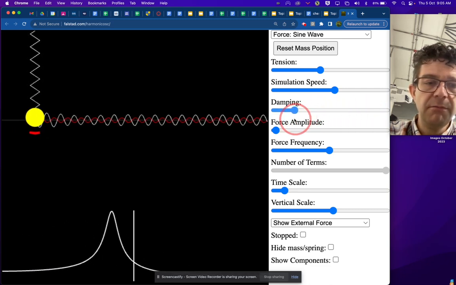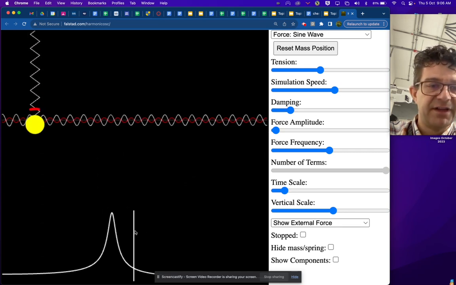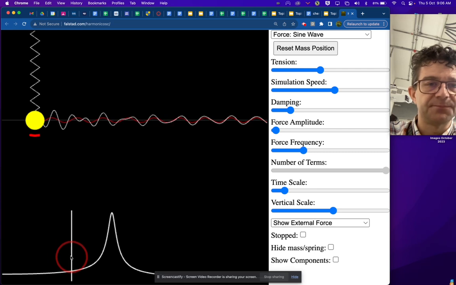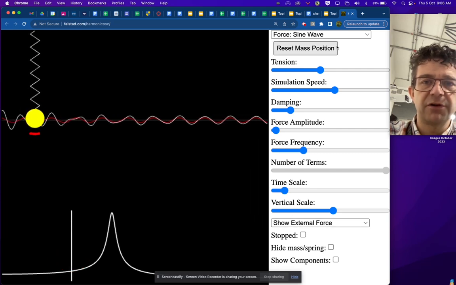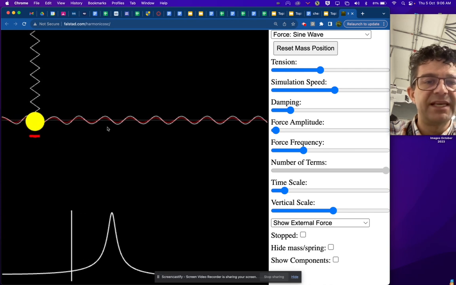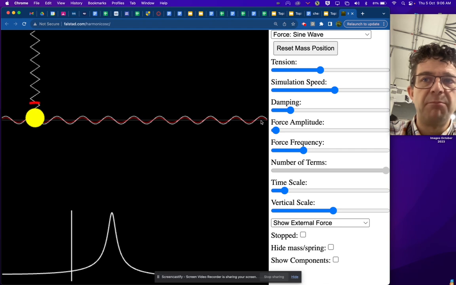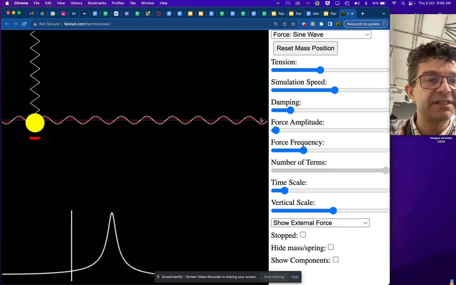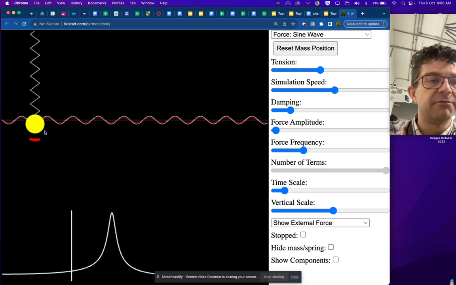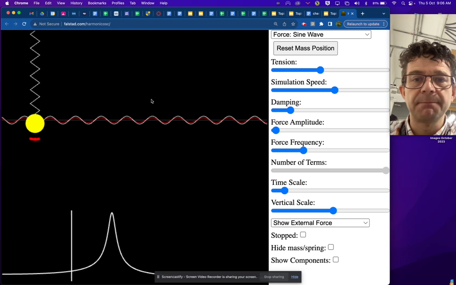So we'll do some modest amounts of damping with our drive. If I go to low frequency and we let this run for a while, what we'll see is that the system ultimately matches exactly the drive, both in terms of phase and frequency, because it's damped. And so we would consider the response to be in phase with the drive.